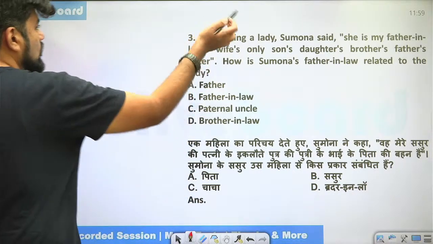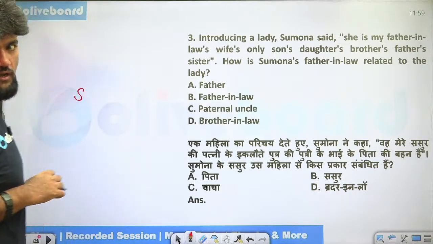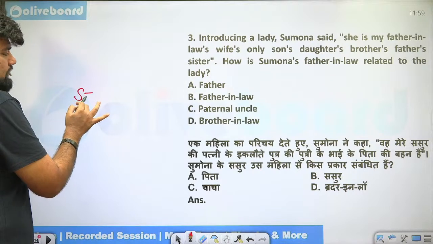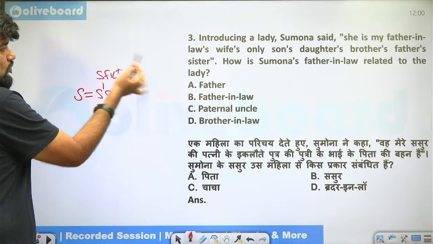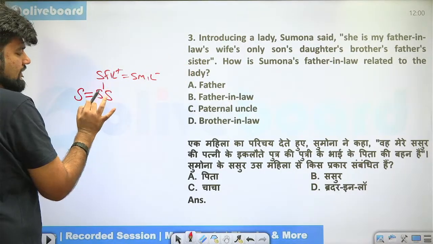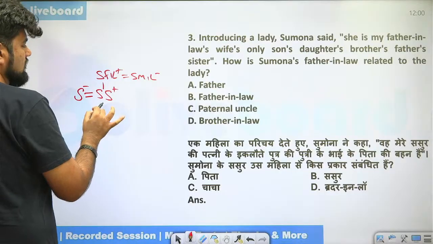Introducing a lady, Shumona said. We don't know the gender of Shumona. She is my father-in-law's, so this is Shumona's spouse and this is Shumona's father-in-law. Wife, that means Shumona's mother-in-law. Only son, so we'll give preference to this person, which means Shumona is a female. Daughter, this is Shumona's daughter.